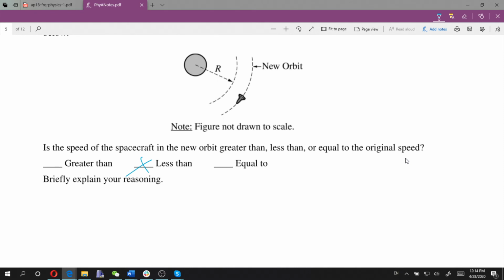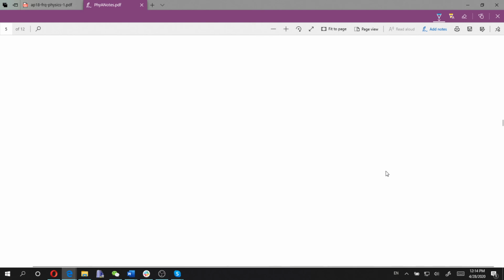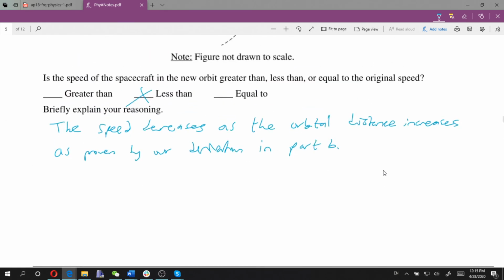The reasoning why: the speed decreases as the orbital distance increases, as proven by our derivation in part B. I guess that's it.